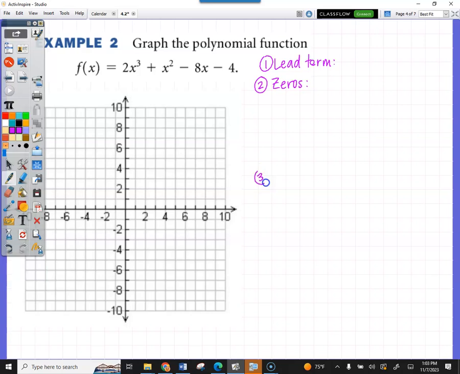Then you've got where after you solve it, you list your x-intercepts and you list your y-intercept. Then you find your extra points and test.